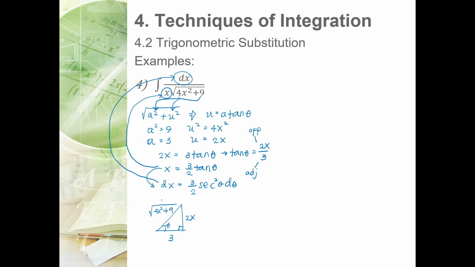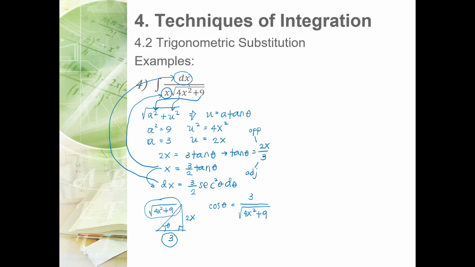After getting the radical expression, pair it up with the constant. After pairing it up, determine the basic trigonometric function for this pair. So this will be cosine theta is equal to adjacent side, that's 3, all over the hypotenuse, square root of 4x squared plus 9.